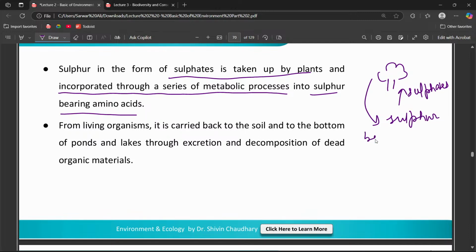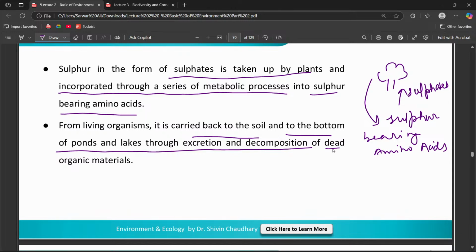From living organisms, it is carried back to the soil, to the bottom of ponds and lakes through excretion and decomposition of dead organic material.